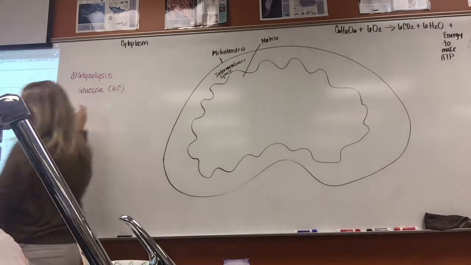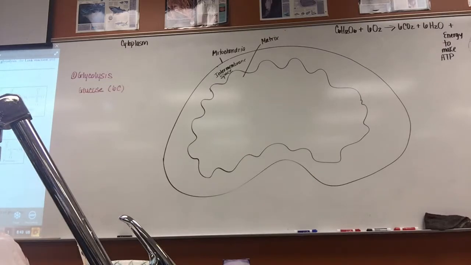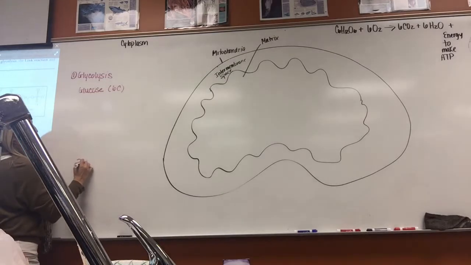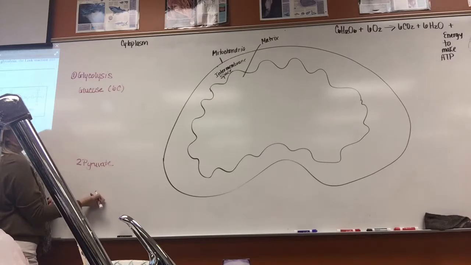So we start out with glucose, and really we end up with, does anybody know what we end up with at the end of glycolysis that's going to go to the next step? What do we end up with? 2 pyruvate molecules. That's our end product.